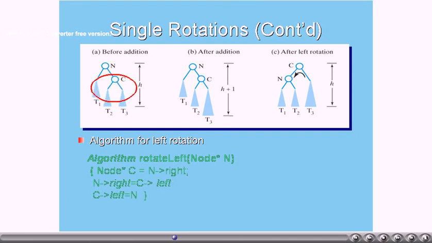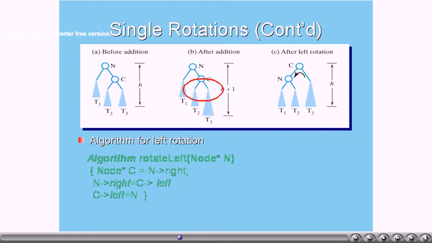Both N and C, as of now, are balanced. Now let us assume that a new node is added to the tree, and it is added to the subtree T3. Thus the subtree T3 height increases.